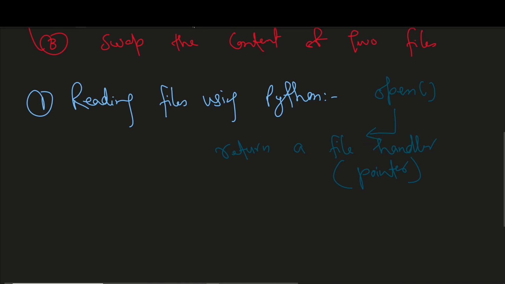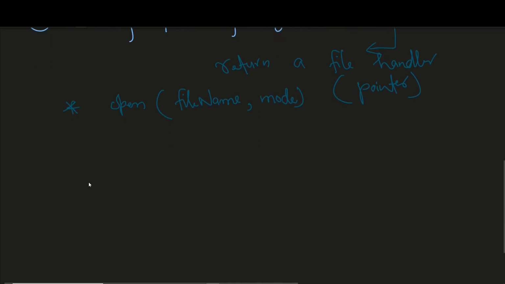Its prototype is open, then the file name, and then we have a mode here. This is very important. Whether you are writing a file, reading a file, or appending a file, you need a mode here. The file name is common in all three cases, it will always be there, but the mode keeps on changing.